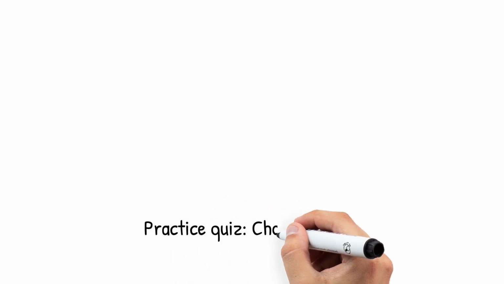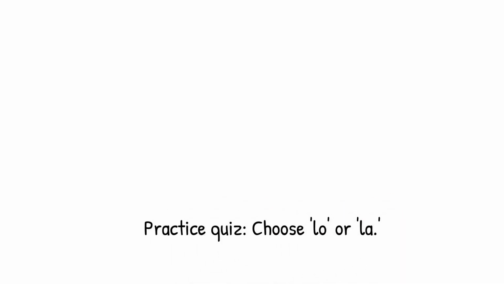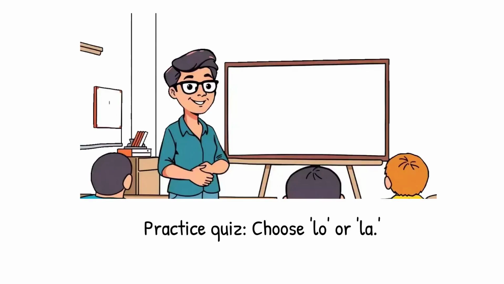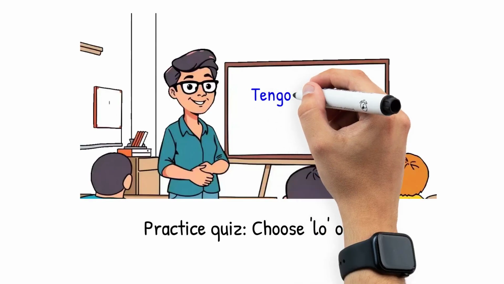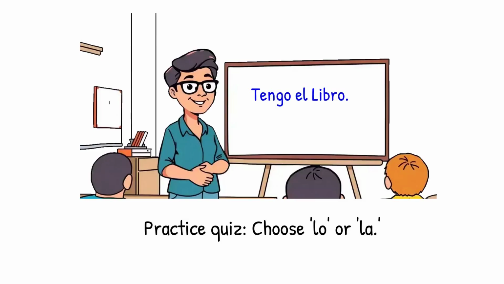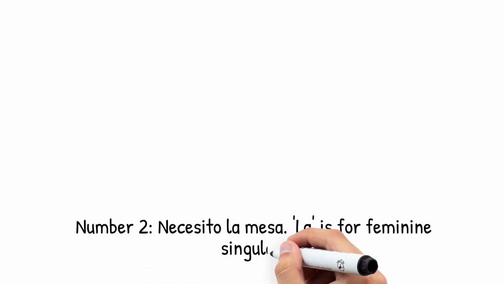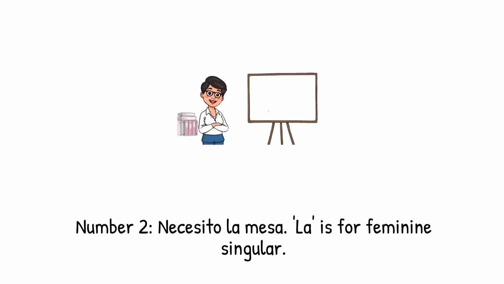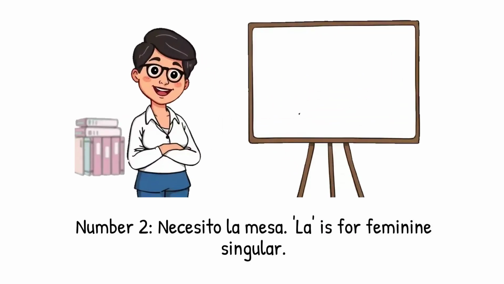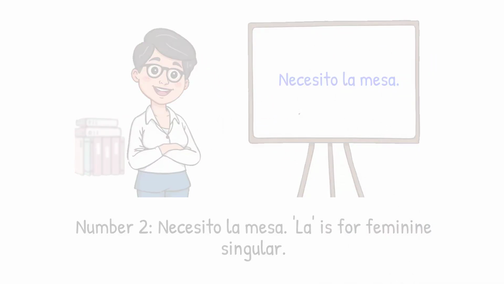Let's practice. Choose lo or la. Number 1. Tengo el libro. What do I have? El libro. El means masculine singular. Answer, lo tengo. Number 2. Necesito la mesa. What do I need? La mesa. La means feminine singular. Answer, la necesito. Number 3. Compro el arroz.